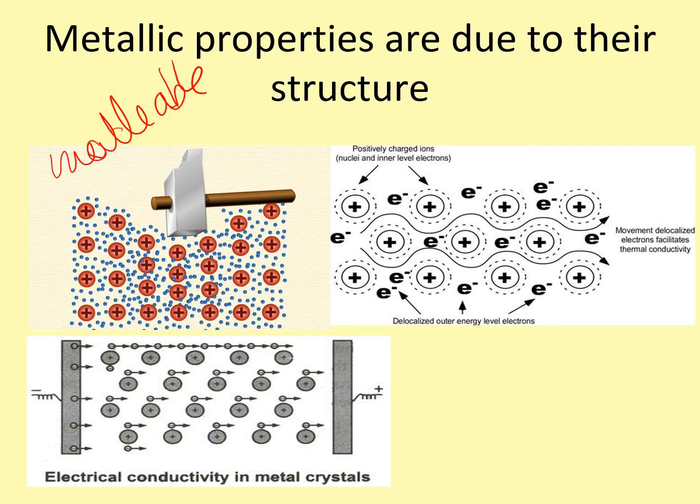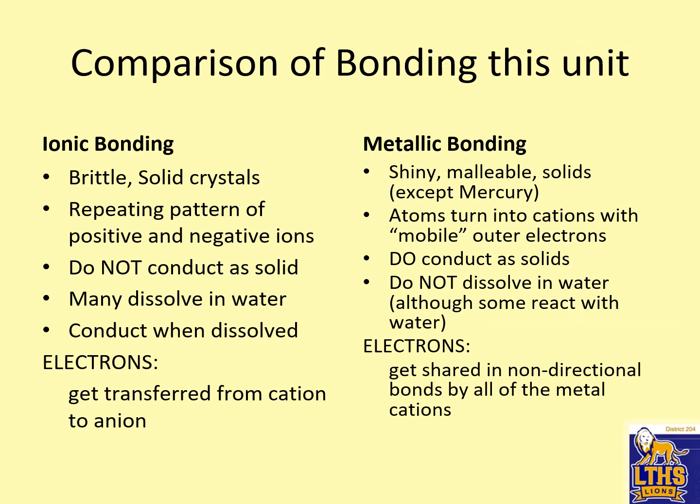They are conductors because when you apply electric current, the valence electrons can move through the crystals and they can conduct electricity. Okay. So those are some ways you can describe the malleability and the conductivity because of the bonding in the structure.